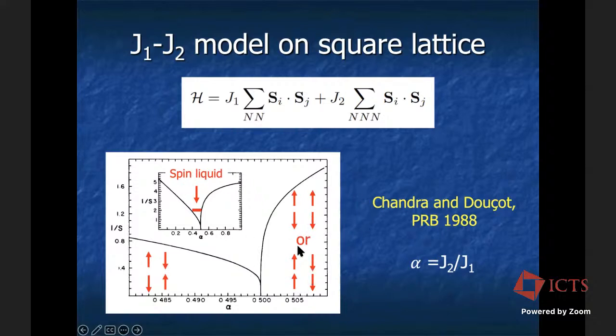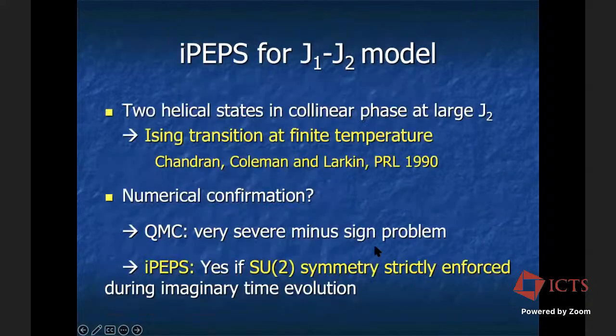So in that phase, it was predicted in 1990 by Chandra, Coleman, and Larkin that there should be a phase transition at finite temperature. It's a Heisenberg model, so magnetic ordering will not occur at finite temperature because of the Mermin-Wagner theorem, but the fact that we have two helices defines an effective Ising order parameter, depending on which helix is chosen, and there should be an Ising transition, and they made a prediction.